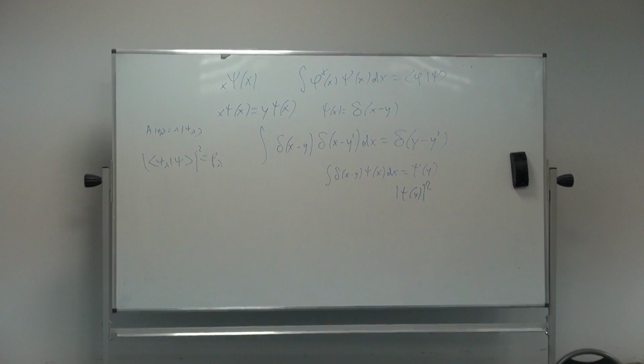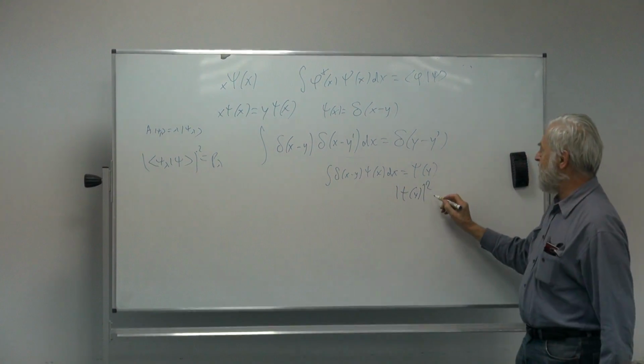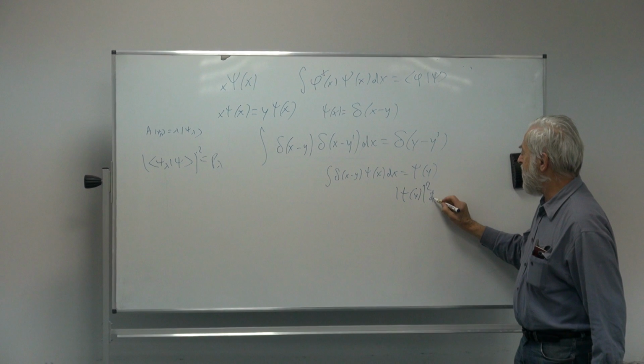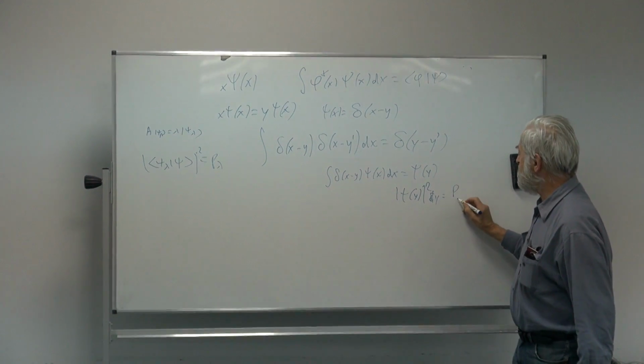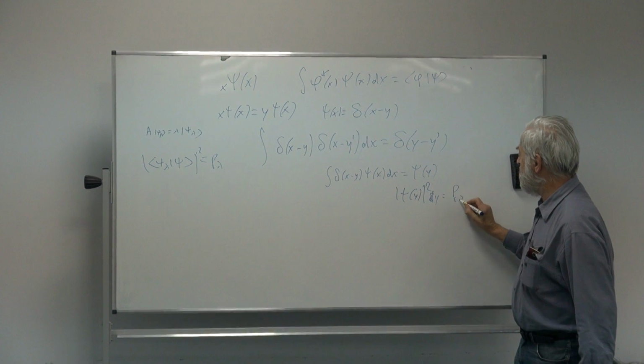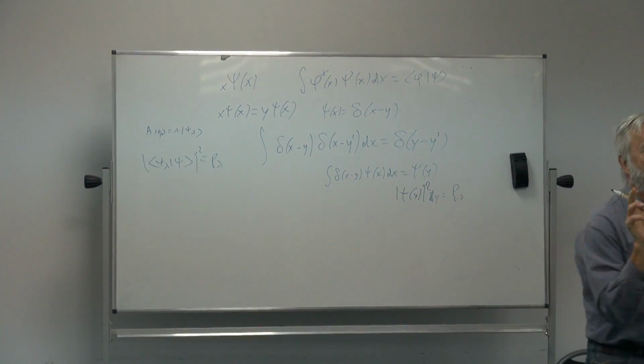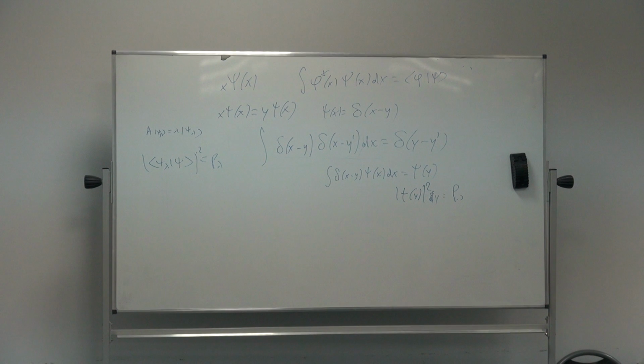Well, you know, this is a continuous variable, so it cannot be a probability. It is a probability density. In other words, I have to multiply it by some dy to get the probability of finding my system in a little interval of width delta y around y.